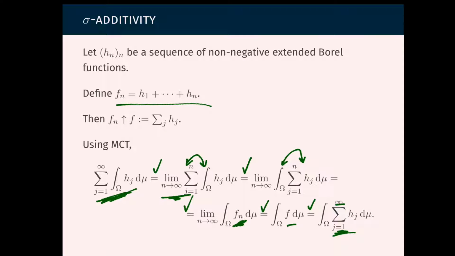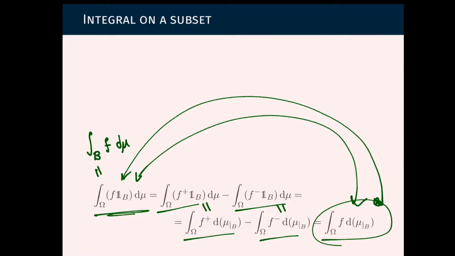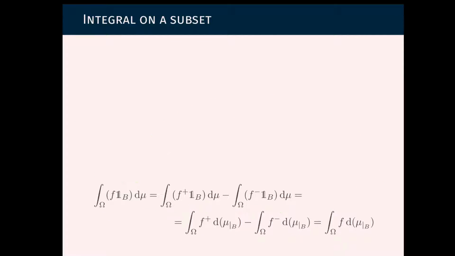Once we have the monotone convergence theorem, going from the monotone convergence theorem to sigma additivity or back is just a formality. Then we use this very standard approach: once something holds for binary functions, then by using linearity we can take combinations of binary functions.